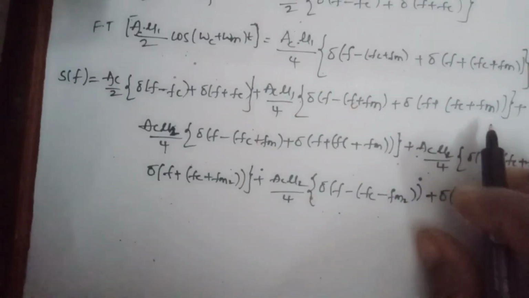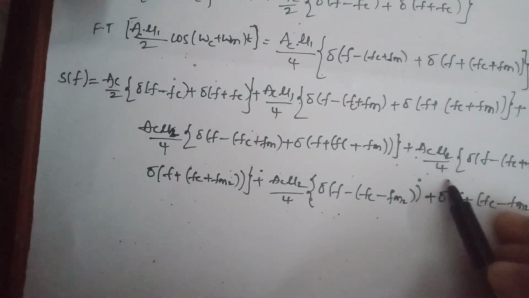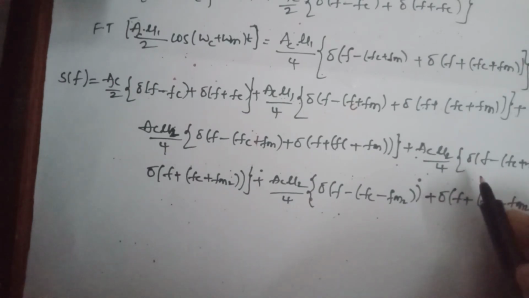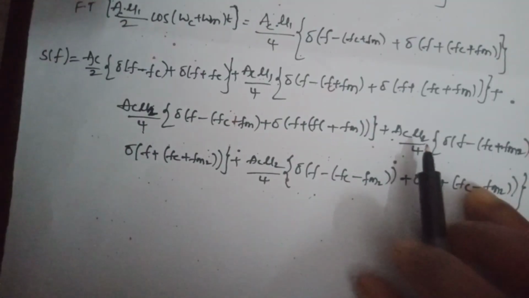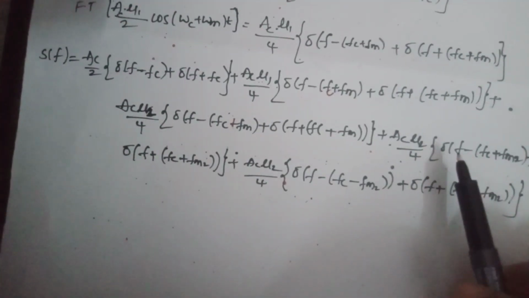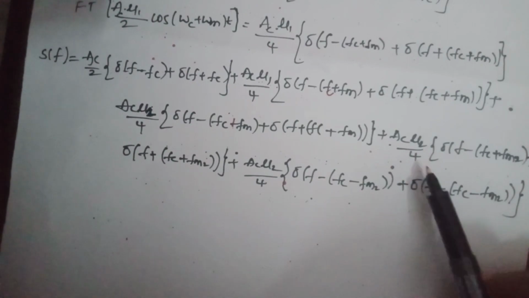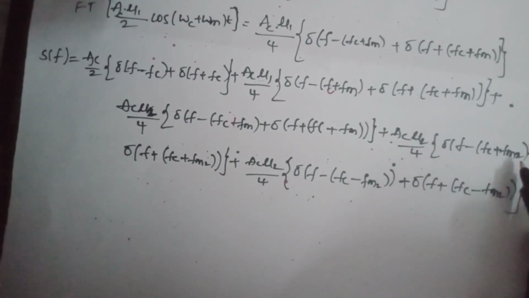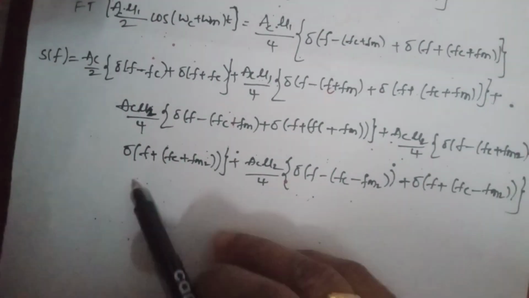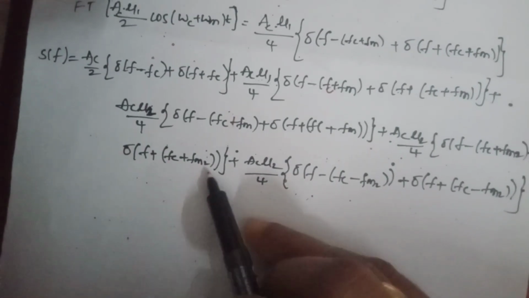That's right. Next term is AC mu 2 by 2 cos of omega c plus omega m2. Yes, right. Next one is AC into mu 2 by 2 cos of omega c minus omega m2. Okay, so for those two frequencies the Fourier transform is AC mu 2 by 4 [delta of f minus fc plus fm2 plus delta of f plus fc plus fm2].